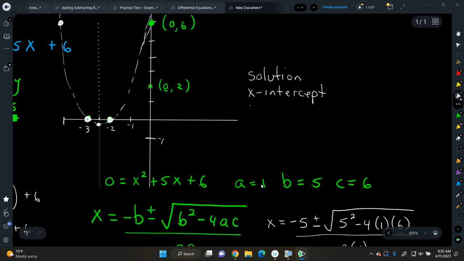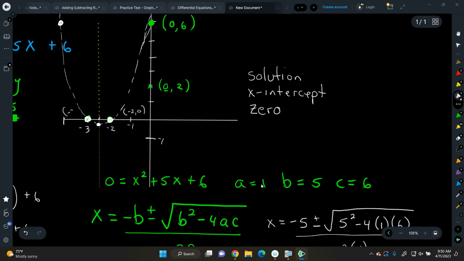It's also called the zero. It's called the zero because y is equal to 0 here. Because it crosses the x-axis, it's where y equals 0. Look, this is the point negative 2, 0.